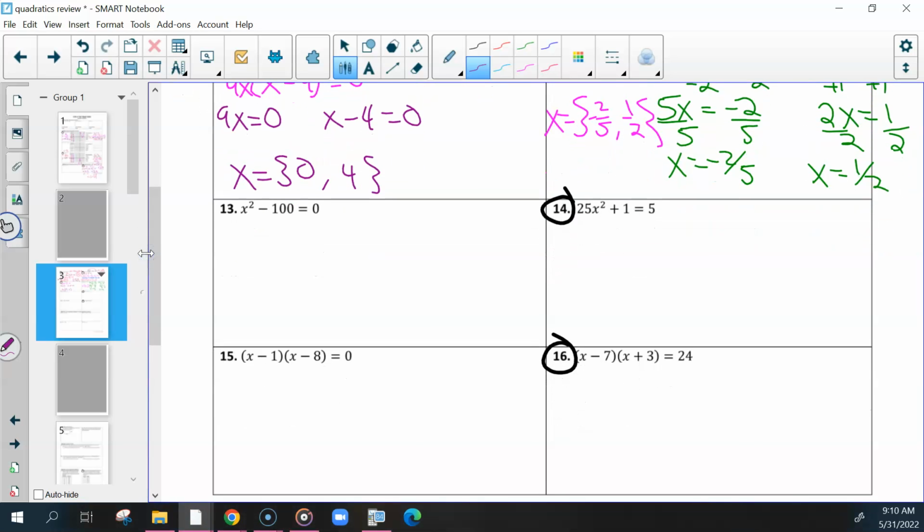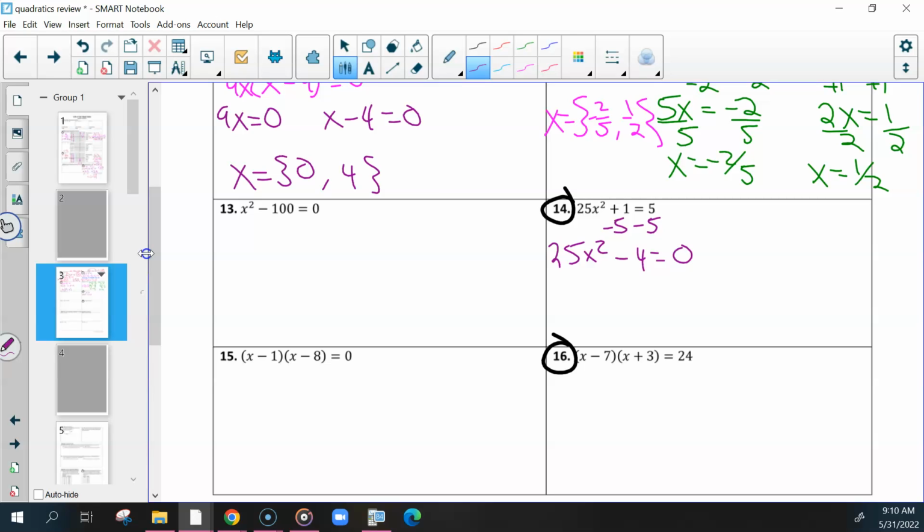For number 14, how would we start that? Move 5 to the other side. We have 25x squared minus 4 equals 0. Divide by -4. You get fractions, we don't want that.